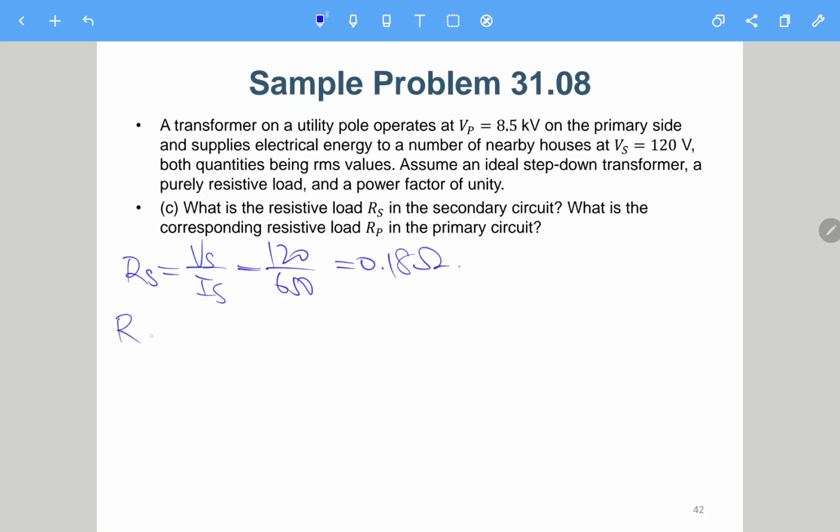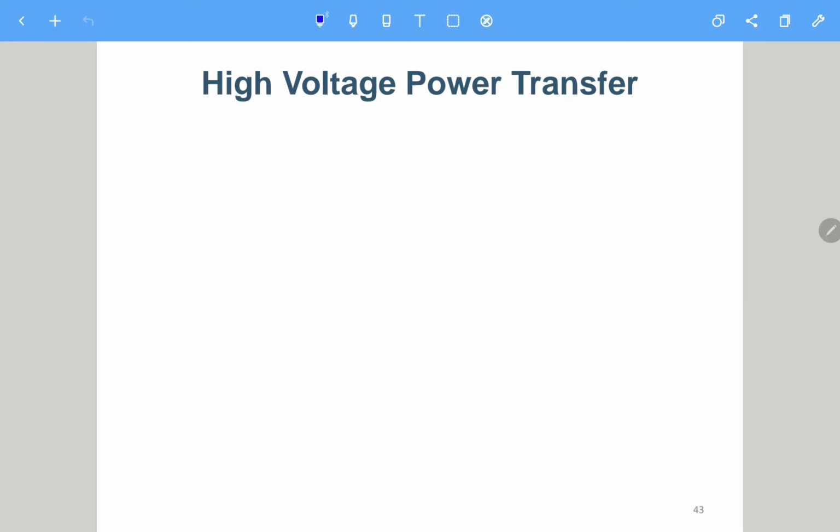And then Rp is Vp over Ip, which is 8.5 times 10 to the third power over 9.2, which is 926 ohm. So these are the values. We only need some simple calculation for this one.